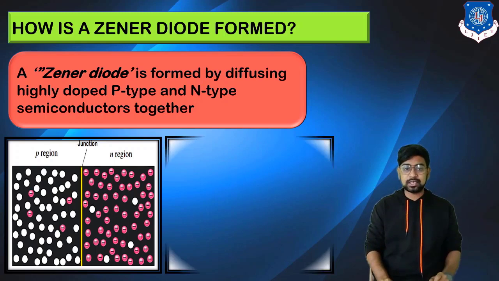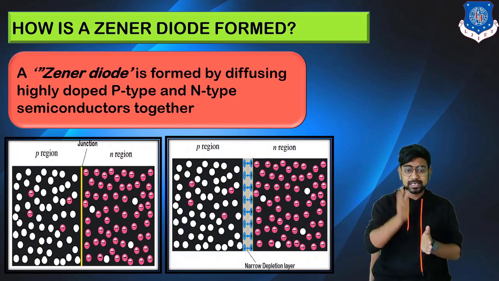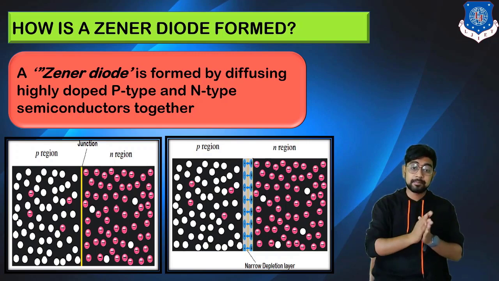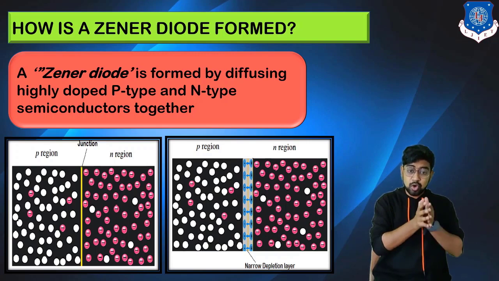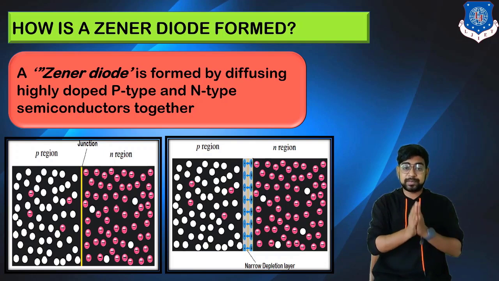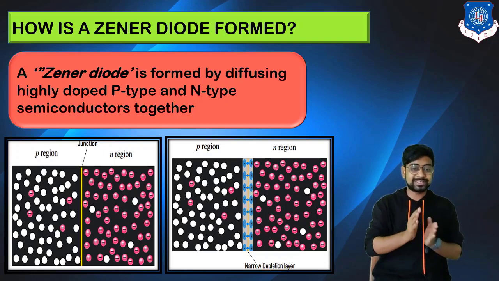Now why is that very thin? Basically in the N region, due to the diffusion process, electrons tend to move from the N region to the P region. But the problem is the P region is already packed with so many holes that there is not much space to allow the electrons to reside there.